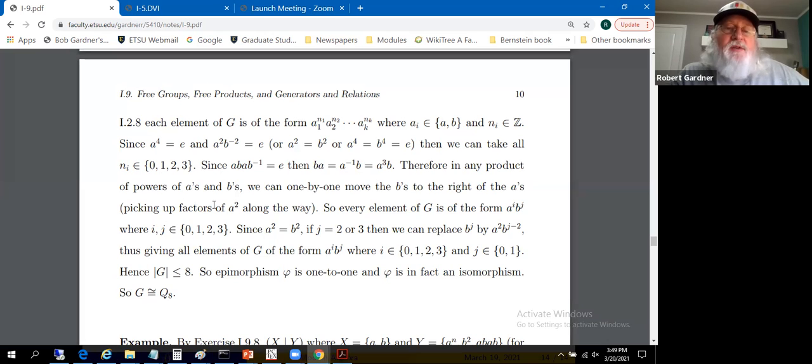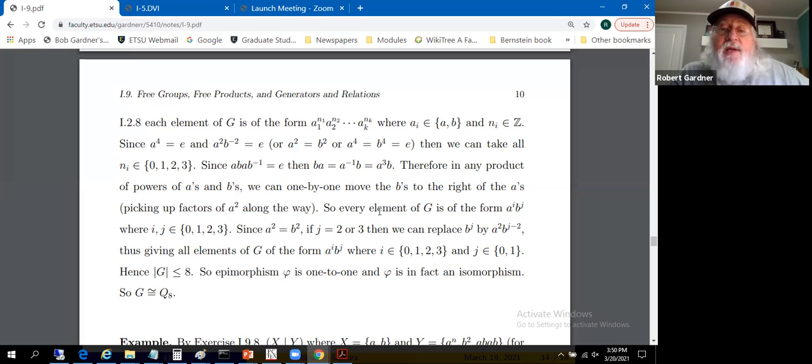So if we have any product of powers of A's and B's, we can one by one move the B's to the right of the A's, get the A's on the left, the B's on the right. When we do that, A is replaced with A cubed. Reverse the orders in a sense. So you picked up some factors of A squared along the way.